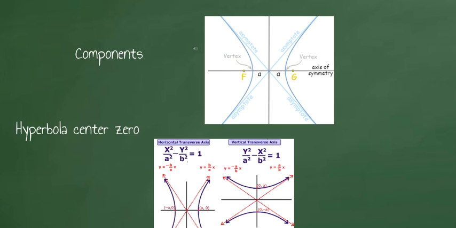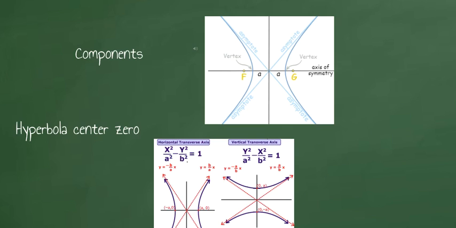There are two asymptotes, which are not part of the hyperbola but show where the curve would go if continued indefinitely in each of the four directions. And strictly speaking, there is another axis of symmetry that goes down a hyperbola with a center at zero.